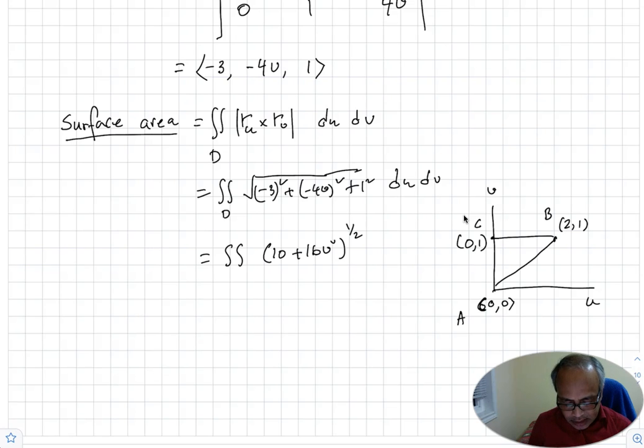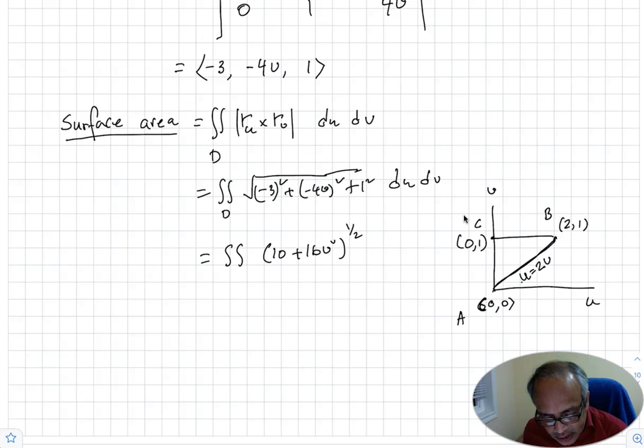I can see that this line here can be written as u equal to 2v, because it passes through the origin and also through 2, 1. If I substitute u equal to 2, then I get v equal to 1; u equal to 0, v equal to 0. So this is a line. So I have this domain that will be between v equal to 0 and v equal to 1, and then from u equal to 0 to u equal to 2v. Okay.